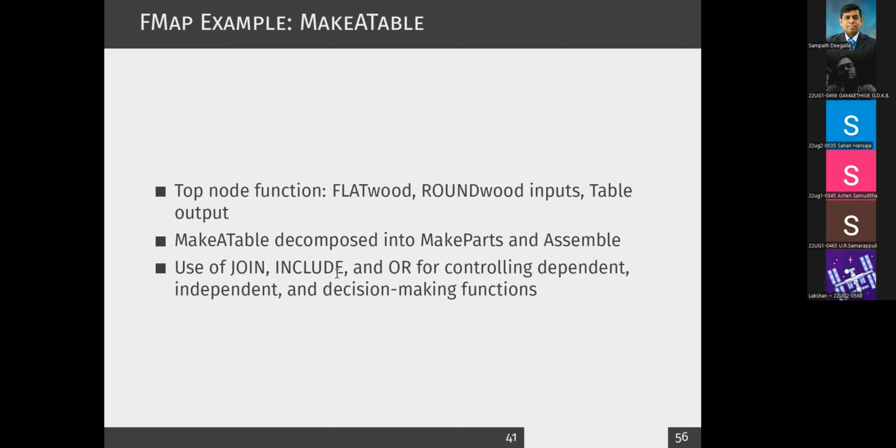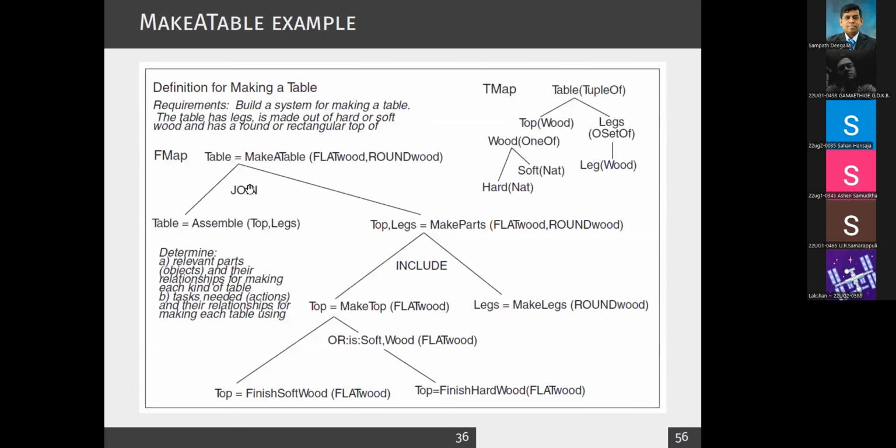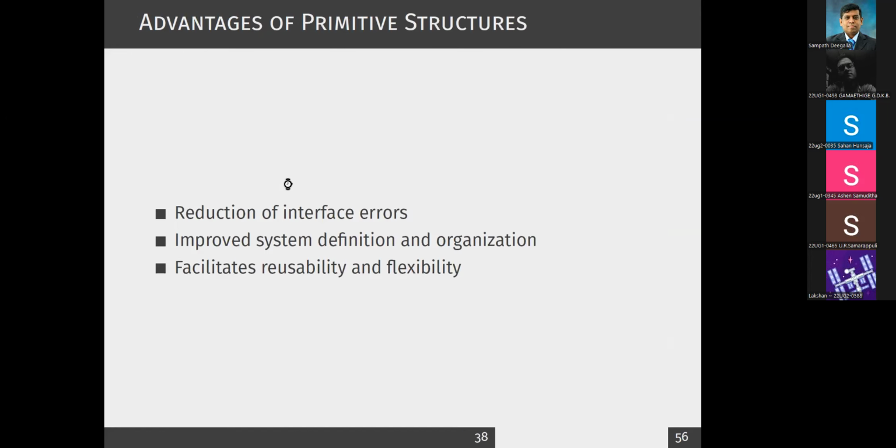And then we have make a table, and we have two parts, make parts and assemble. I can go back and show you. So in this example, you have noticed, we have two inputs, flatwood and roundwood, and this is the output, right?